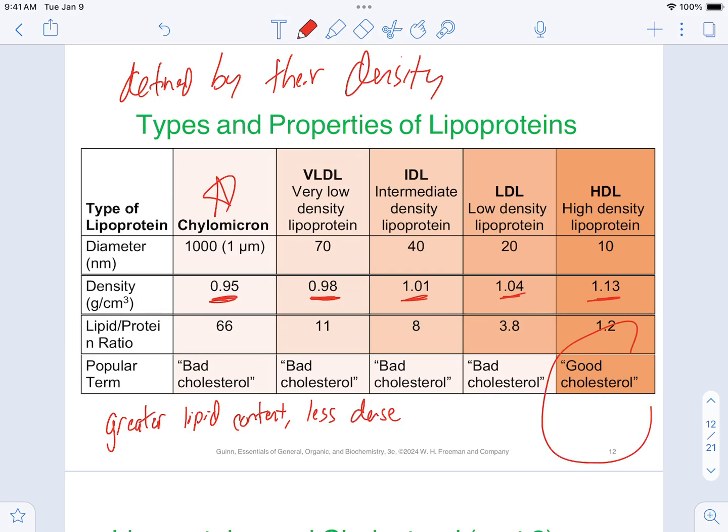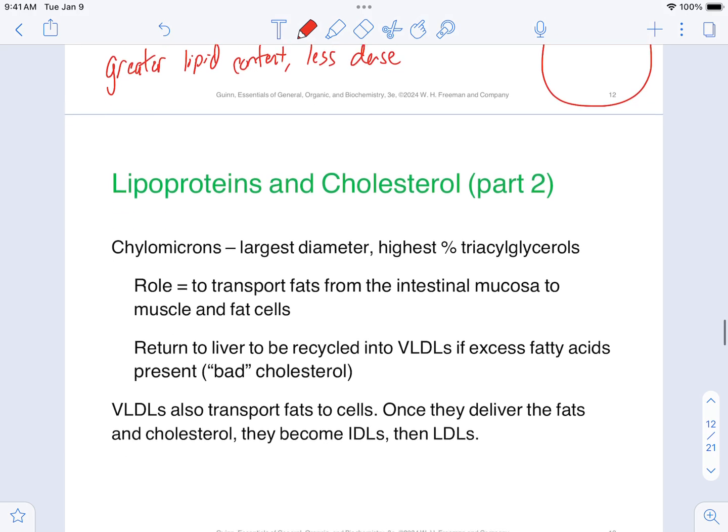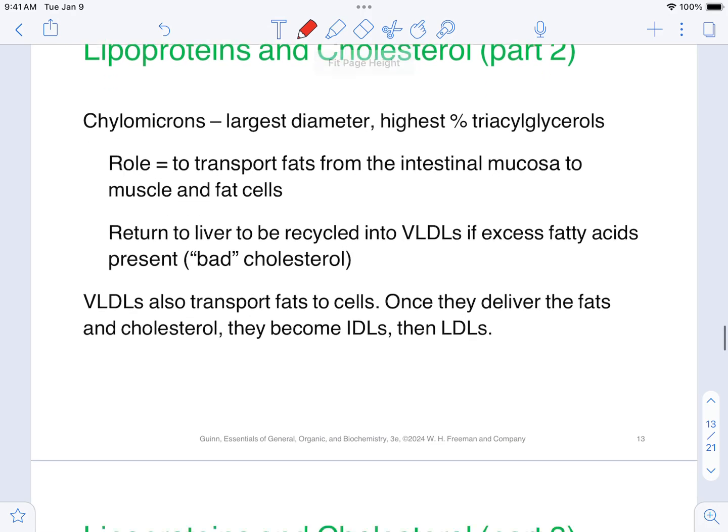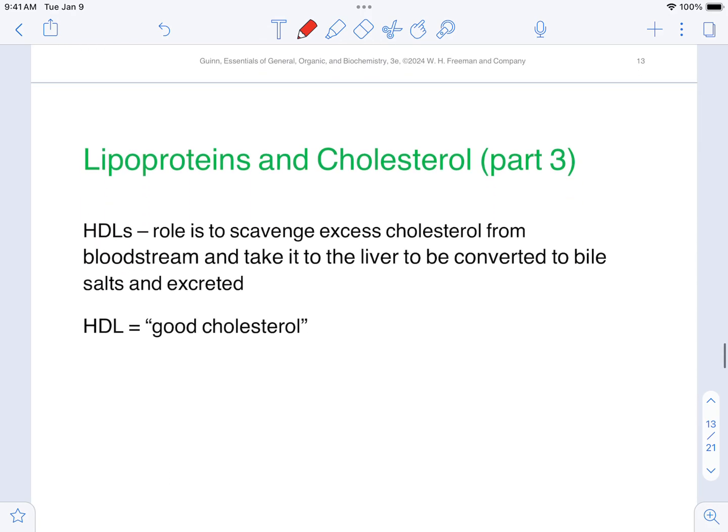This is known as your good cholesterol. So you have probably heard people talk about good and bad cholesterol. There's only one form of cholesterol, but these HDLs are considered your good cholesterol. More protein, less lipid. Okay, HDLs, why are they good cholesterol?